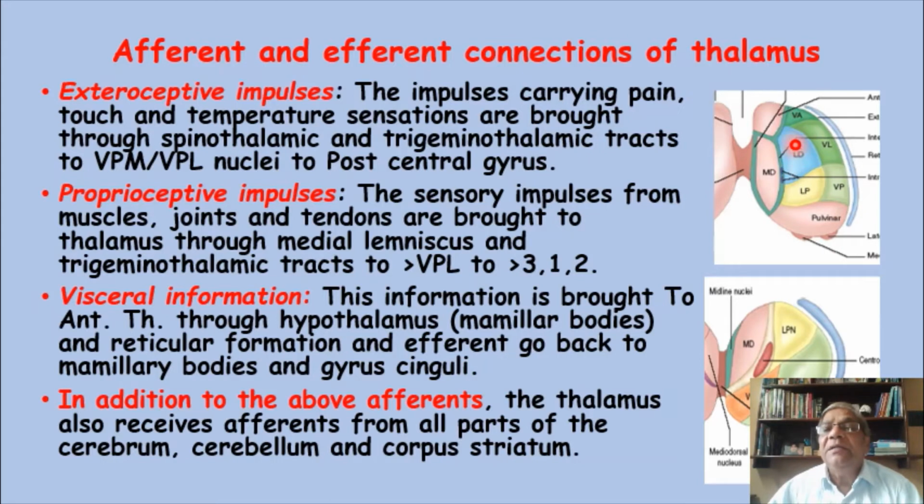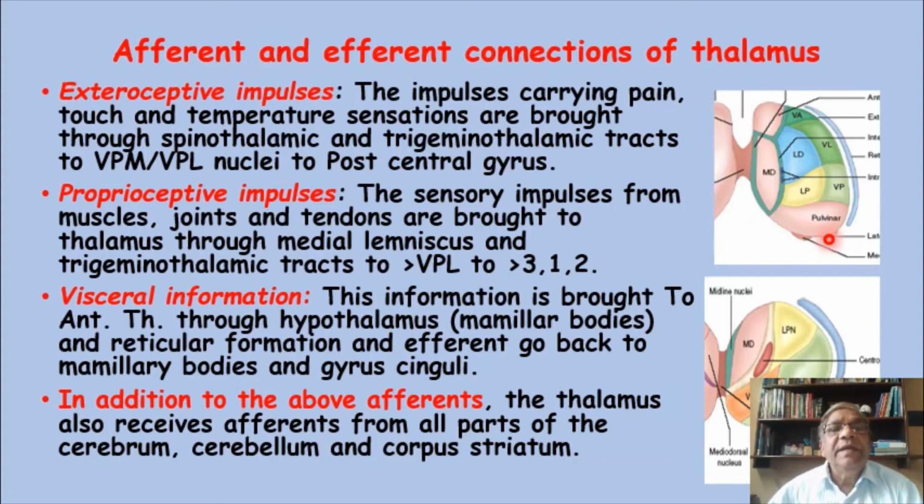In the lateral part we have broadly divided into dorsal and ventral. This is the ventral, three ventral: anterior, lateral and posterior, and this is lateral dorsal, lateral posterior and pulvinar. They are part of the dorsal nuclei, and in the pulvinar this is the medial and lateral geniculate body, about which we have already learned.